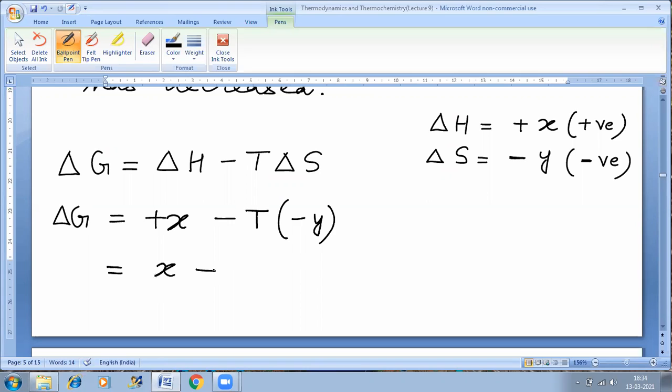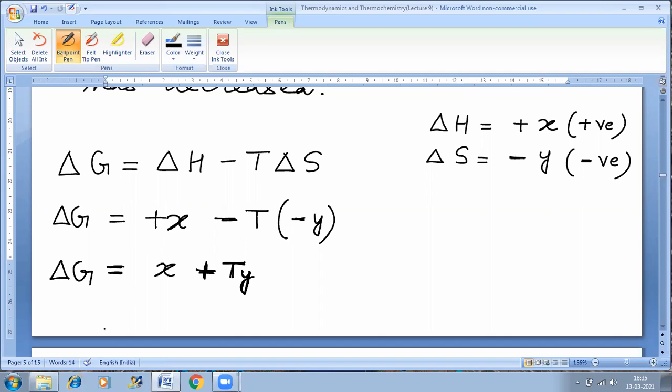This will be X, this minus into minus will be plus, X plus Ty.